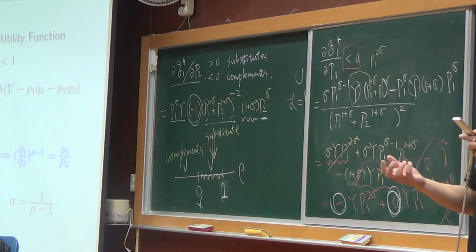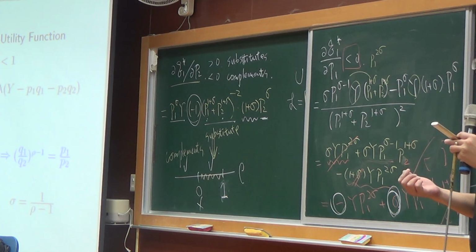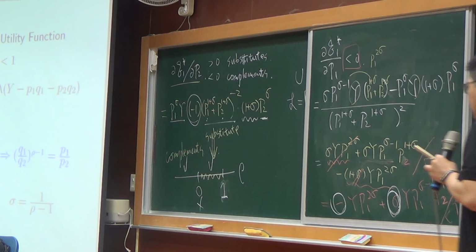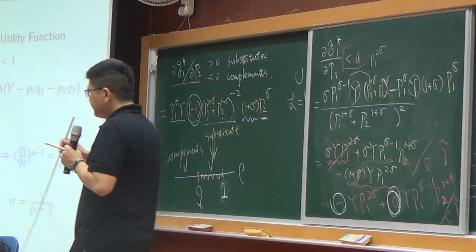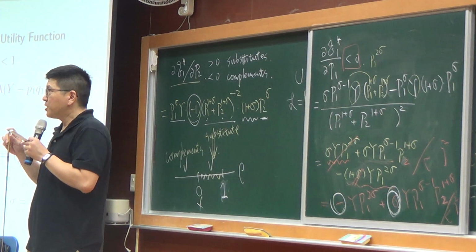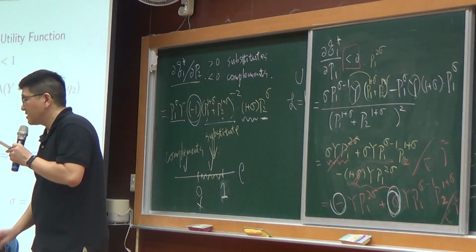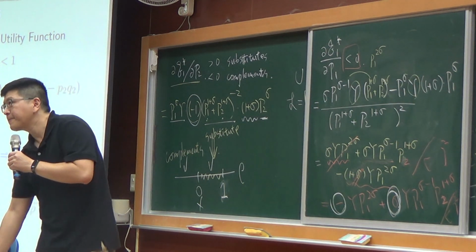So Cobb-Douglas is the easiest utility function to deal with, but CES is fine, and CES can give us a more fruitful demand function here, okay?